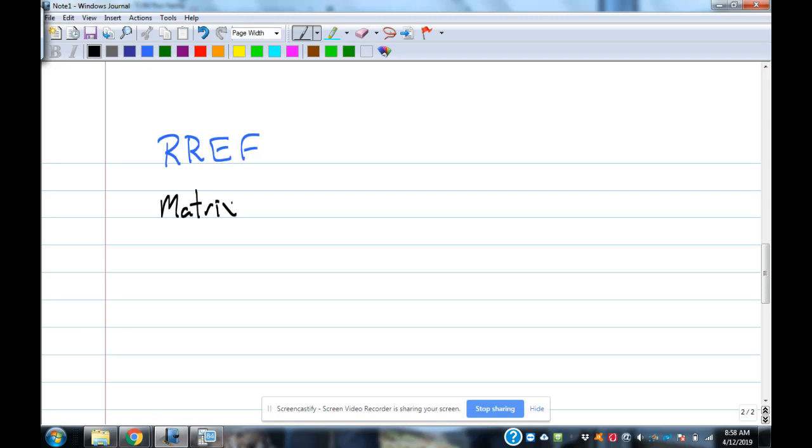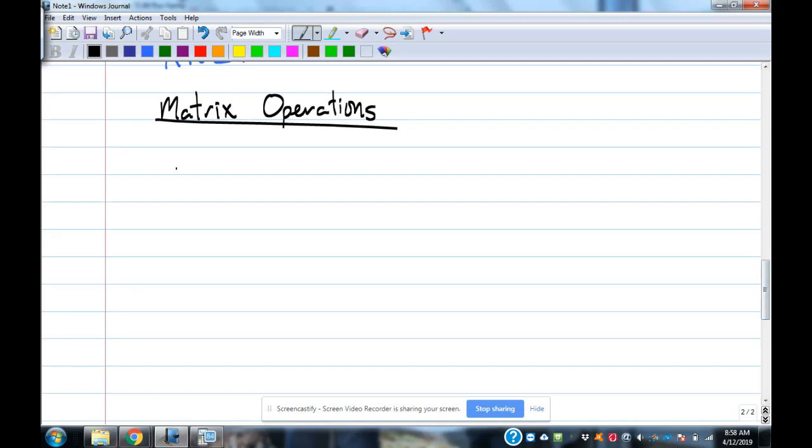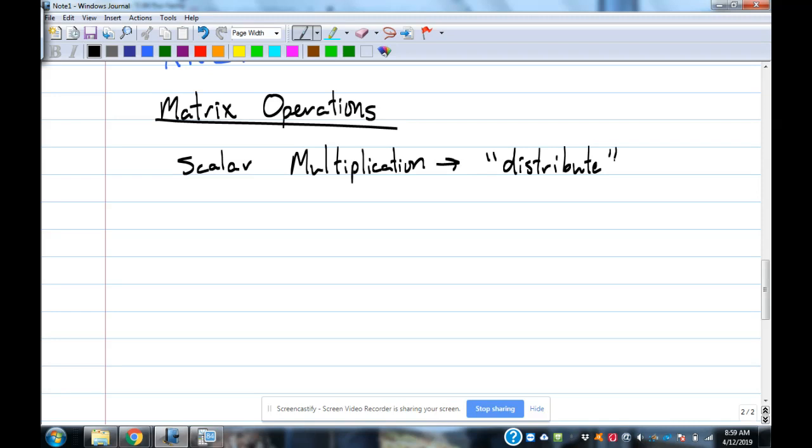So let's move on. Matrix operations. The first one we'll talk about is the easiest one: scalar multiplication. Think distribute. It's like you have a number out in the front of a matrix of any size.